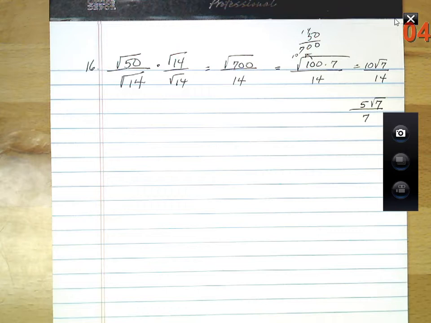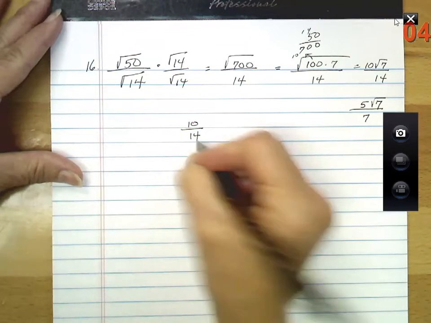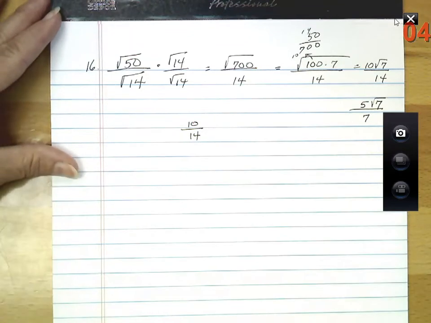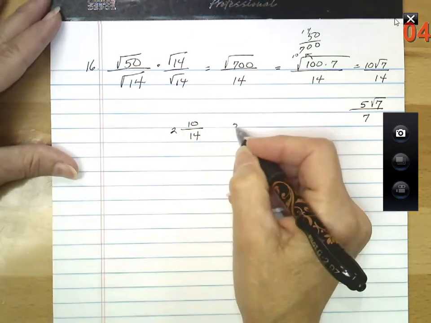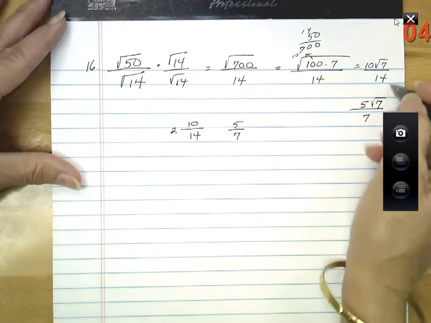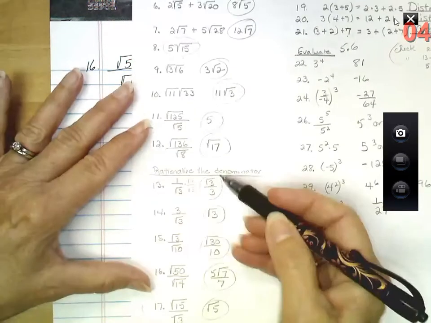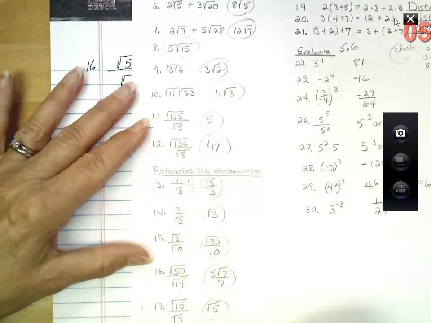Just didn't simplify it. Can you show me how you did that? So you just divided. That's just like if you have a fraction of 10 14ths. Okay, gotcha. So 2 goes into 10 5 times, 2 goes into 14 7 times. You're just simplifying that part right there because it's a fraction. Any other questions? Okay, back on this page over here. Any questions on any of those right there?